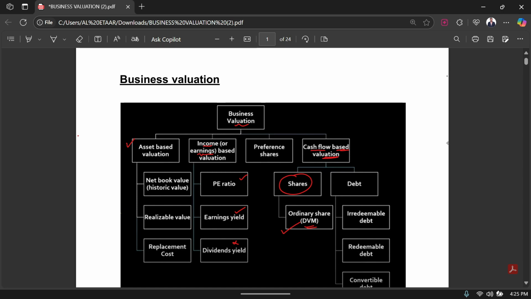Then we discussed how to value a business based on its income or its earning by using the PE ratio or the earning yields, right? So that is the second category that we discussed. And then the third category that we discussed was the cash flow based valuation. And in that we discussed how do you value a business based on its cash flow from the ordinary shares using the dividend valuation method, right?